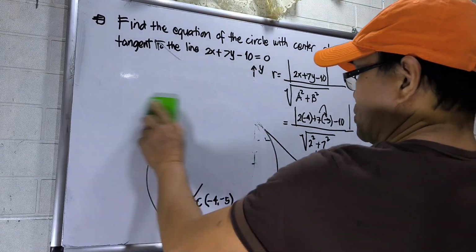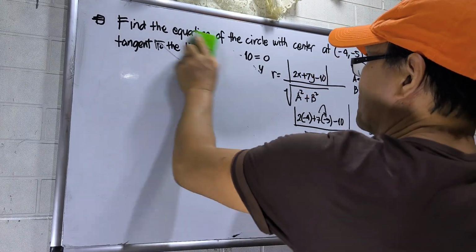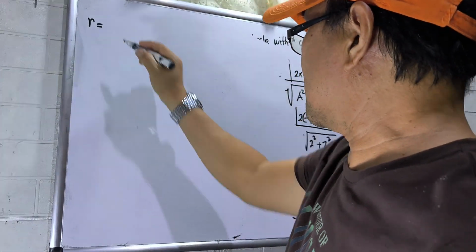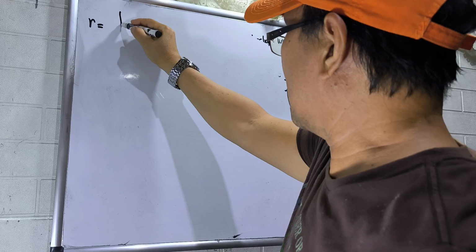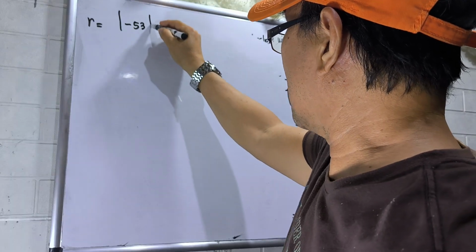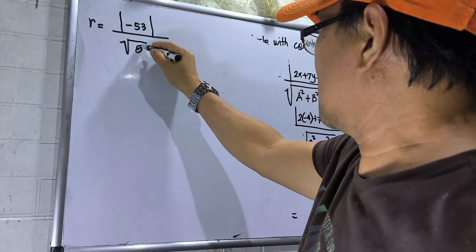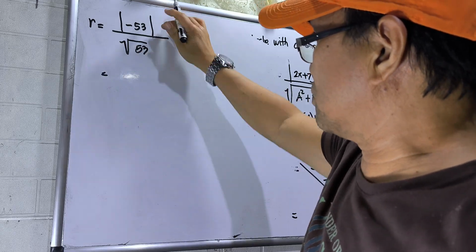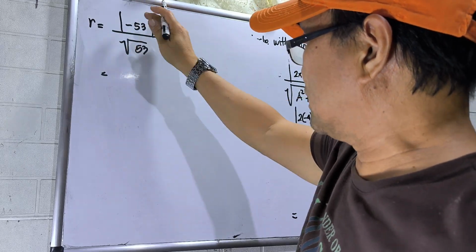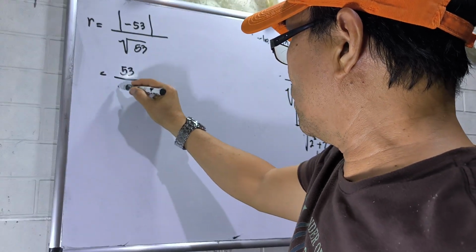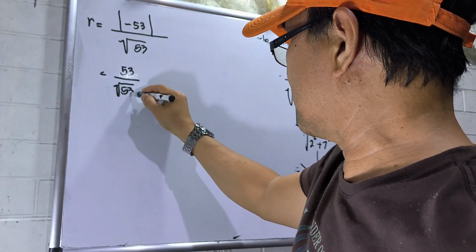So r is equal to the absolute value of negative 53 over the square root of 53, which is positive 53 over the square root of 53.